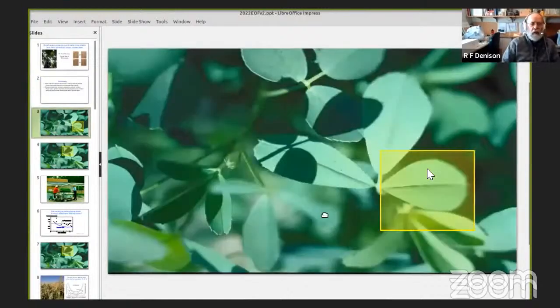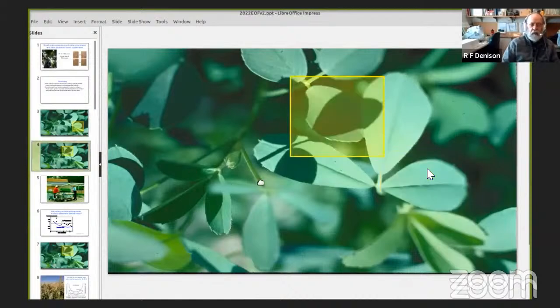Well, let's start with competition among plants, and I'll use an example of solar tracking. Solar tracking is where leaves turn during the day to follow the sun, and this little alfalfa leaflet here is getting more light and photosynthesizing more because it's aiming right at the sun.